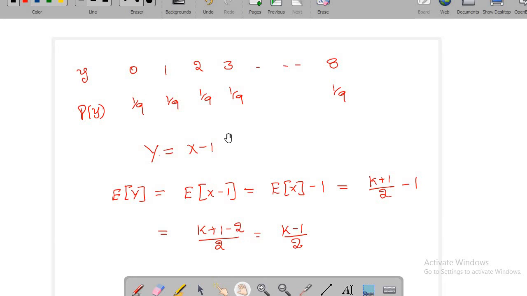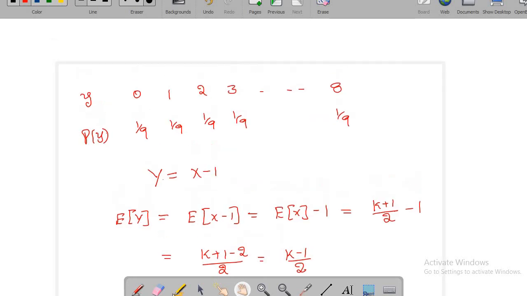So if you start from 0 and go up to k minus 1, 0, 1, 2 up to k minus 1, and the chance of getting each is 1/k, in that case the expected value is (k-1)/2.